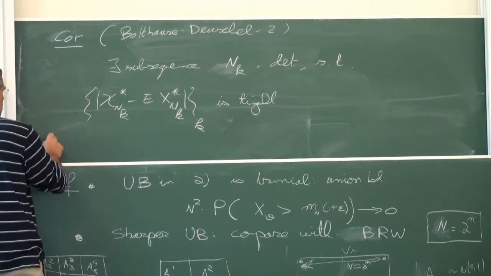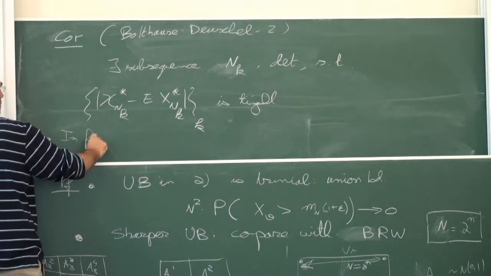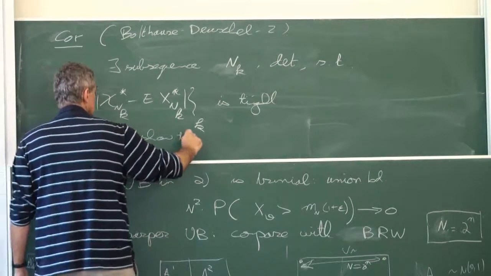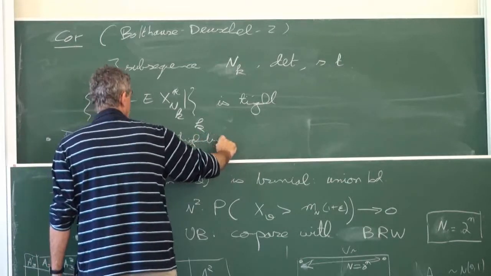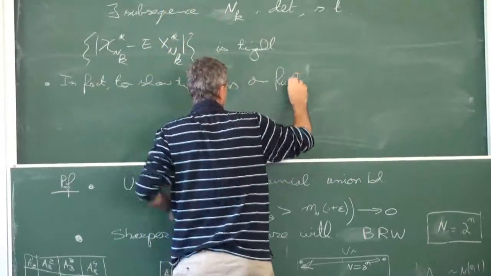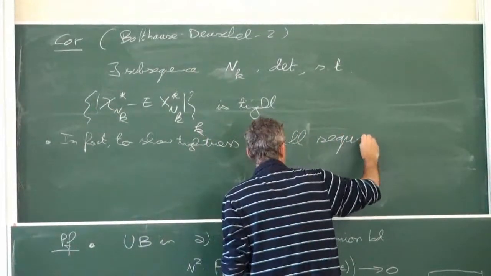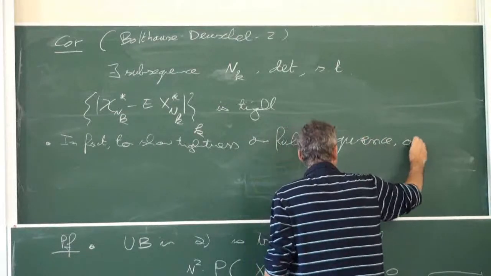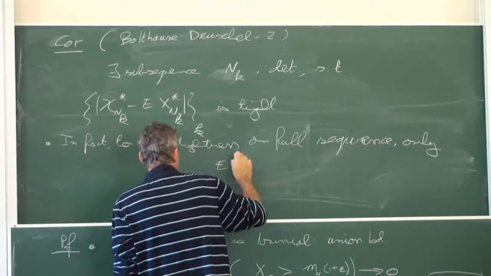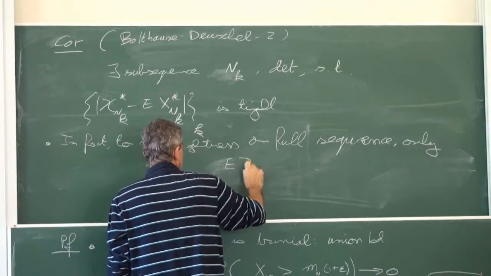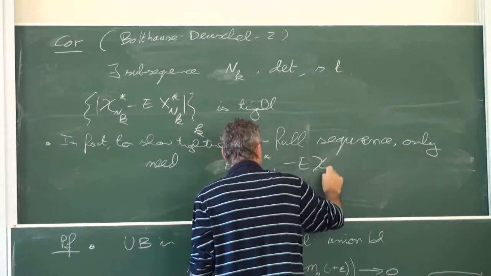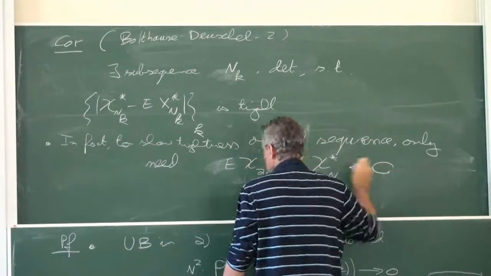And the second thing is that, in fact, to show tightness on the full sequence, we only need that the expectation of X_{2n}^* minus the expectation of X_n^* is bounded by some universal constant.